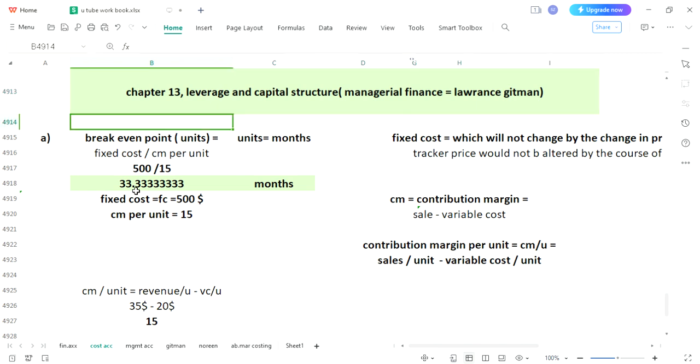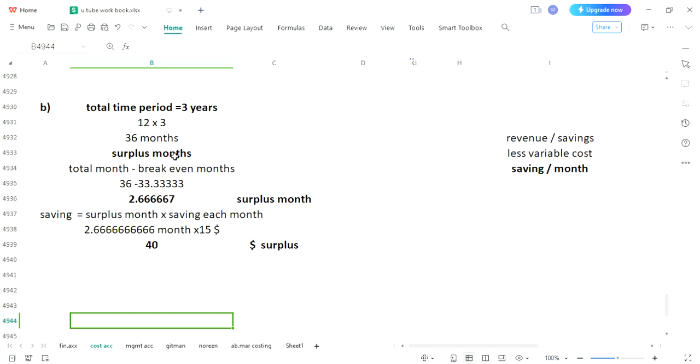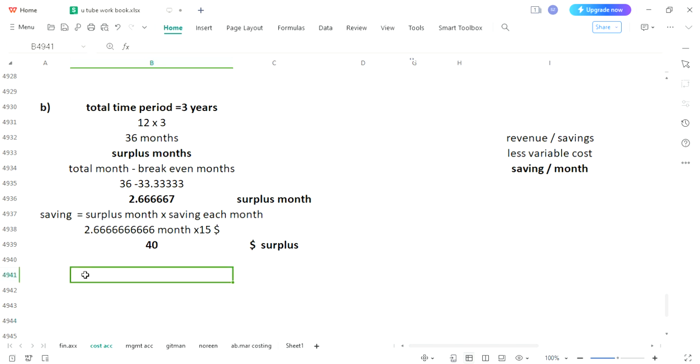So in this way, if he will drive this car for 3 years, he will save $40 in 3 years, because at 33.33 months there would be break even point. These 2.66 months are excessive and each month he will save $15, with which total $40 would be saved as surplus. Now you will make the decision. I should not be involved in it.